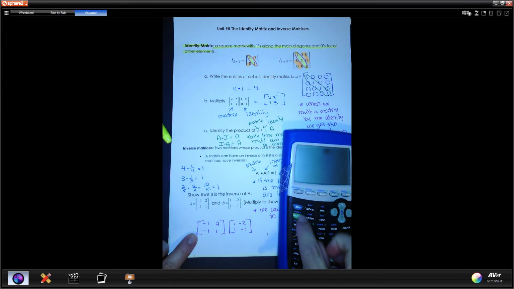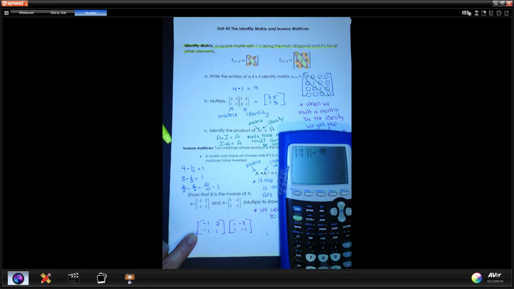Notice once again alpha zoom, 2 by 2. And so that would be -1, 2, -1, 1. And we're going to multiply that by our next matrix, alpha zoom, and that is also a 2 by 2. 1, -2, 1, and -1.